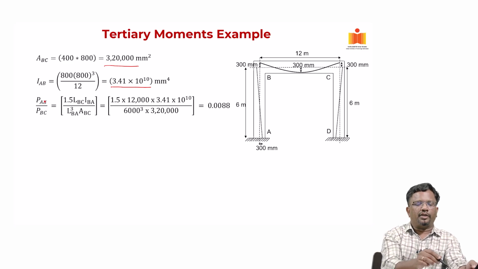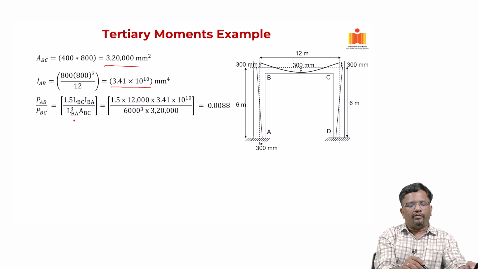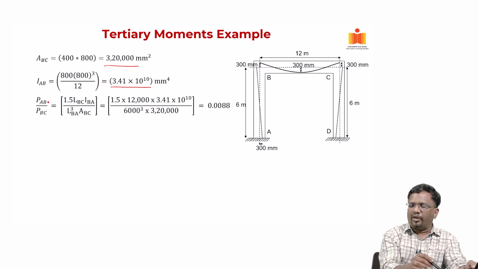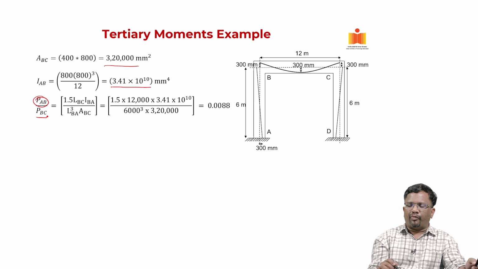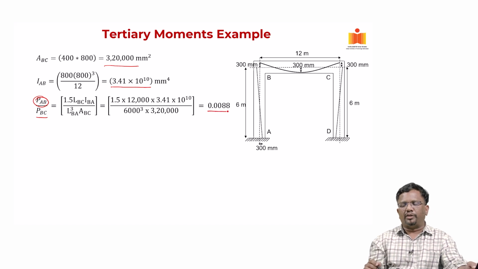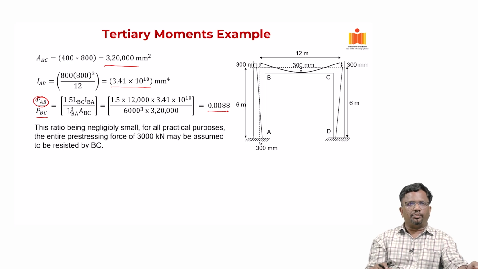As per the equation from the compatibility condition we derived, the ratio of the load taken by the column, PAB, to the load taken by the beam member BC is only 0.0088. So, the load taken by the vertical member is negligible, only about 0.9%, very small.